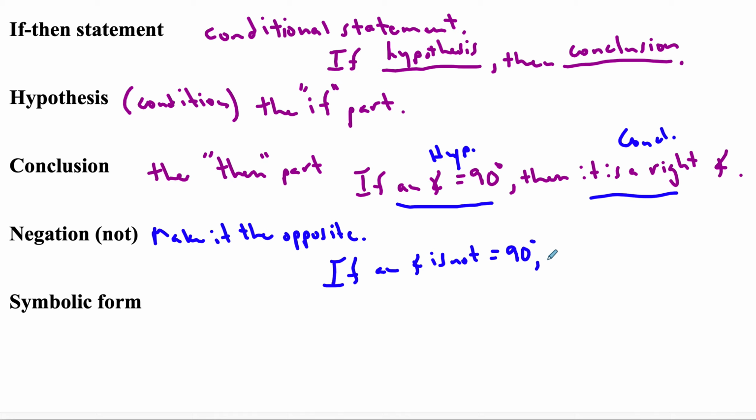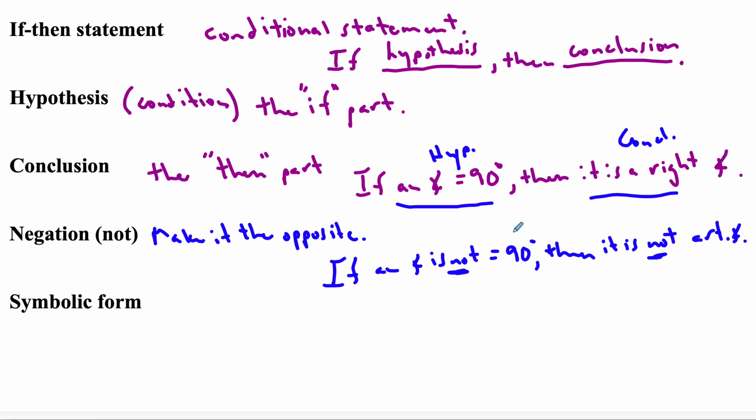And then the negation of the then part, which is it is a right angle, would be then it is not a right angle. Often the inclusion of a not will get you there. If I'm negating the hypothesis, I'm just throwing in a not that changes it to the absolute opposite of what it originally was.